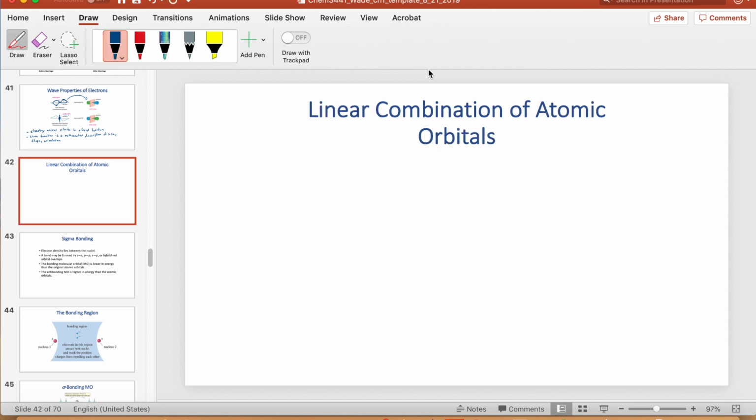And we get these by combining them into what we call molecular orbitals, orbitals that are formed because of the actual molecule that's made through bonding. This is what we call LCAO, the abbreviation for linear combination of atomic orbitals. And we get these by combining orbitals between two different atoms.